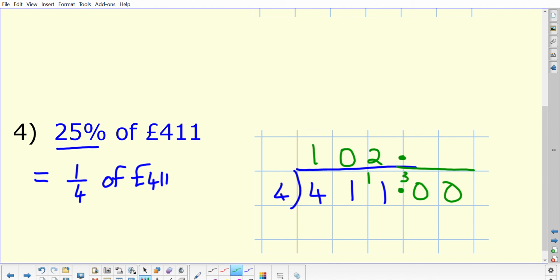So the remainder 3 gets carried down to the 30. You're then doing 4 into 30, which is 4 sevens are 28. You're left with 2 over, and 4 into 20 would be 5. So here your answer would be £102.75.